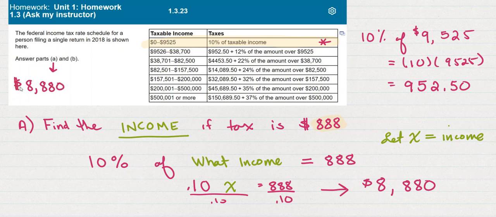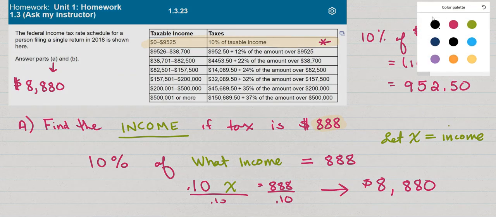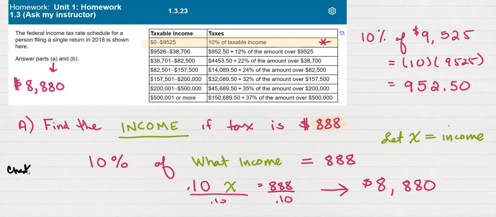So part A would be $8,880. You know, we could do a double check. It's a great problem solving skill to go back to step 4 and check that solution. So if I wanted to check this, I could see what is 10% of 8,880. "Of" always means times.